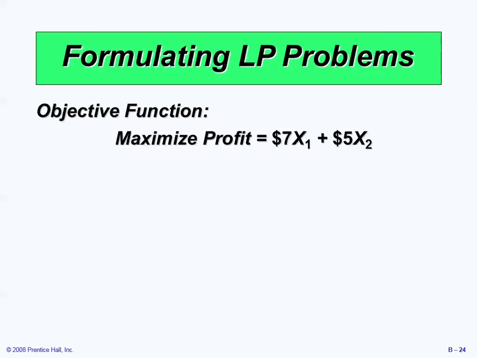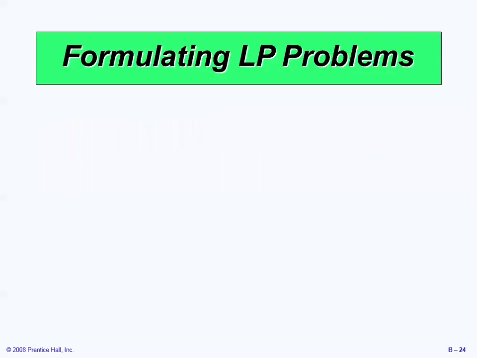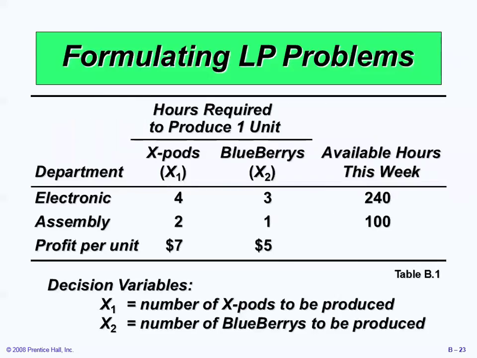Now, what are the constraints? Where do the constraints come from? Well, the constraints come basically from the hours available, the time available in the two departments. So let's look at it in terms of each department. So let's look at it first in terms of electronic department. In the electronic department, X-Pods require 4 hours per X-Pod, and per Blueberry we require 3 hours. So for X1 X-Pods, how many hours of electronic time do we require? 4 into X1.